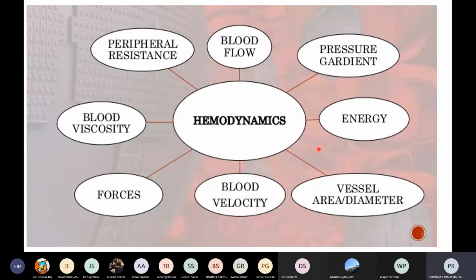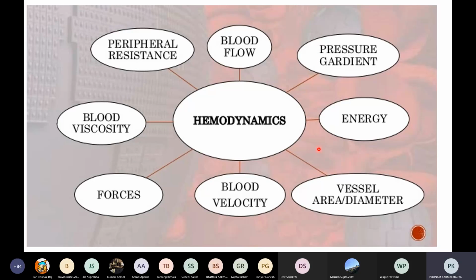Now, till now we talked about how the blood is circulated in our circulatory system and how each of these vessels influences the blood flow. Now we are going to talk about the factors that can affect hemodynamics, that can affect the flow of blood, right?